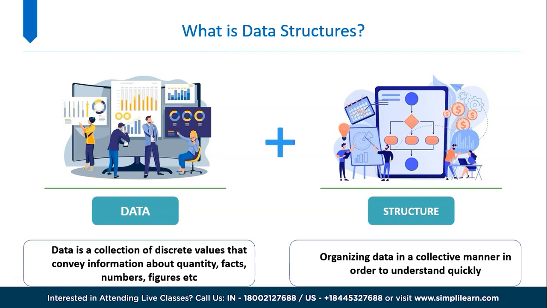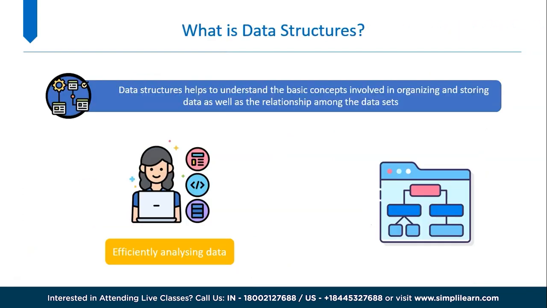So data may be organized in many different ways, through logical or mathematical models of a program, particularly organizing data in its own way. So this organized data is nothing but a structure, and this organized collection of data is called a data structure. Data structures basically help you to understand how data is organized and how data flow is managed to increase the efficiency of any process or program.